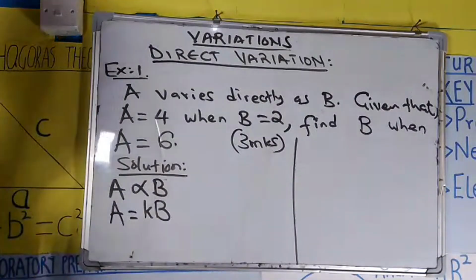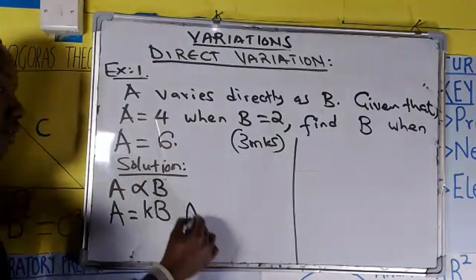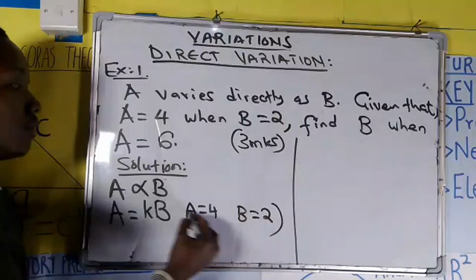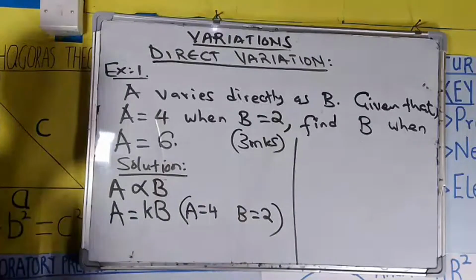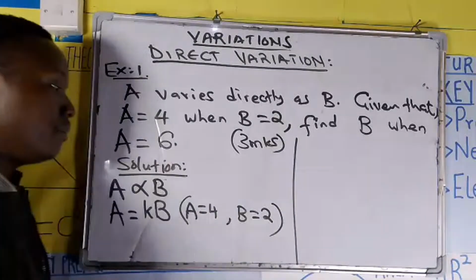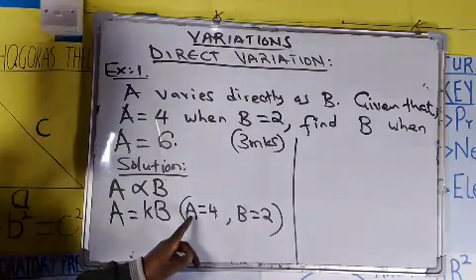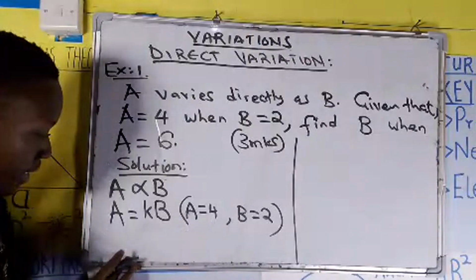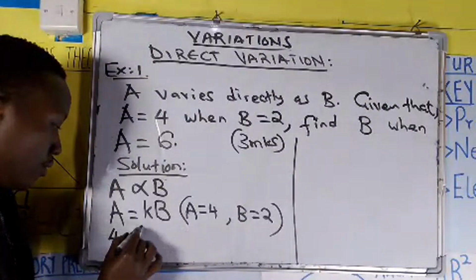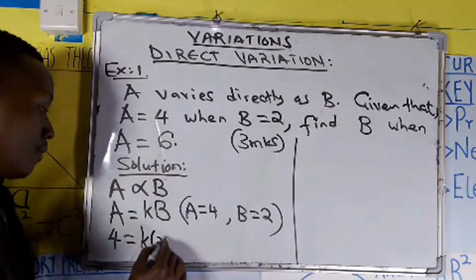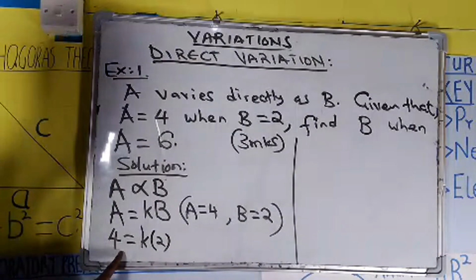Now we have been told that A is 4 and B is 2. These two will help us find K. So given that A is 4, we replace A with 4 is equal to K, we don't have K, but our B we have is 2. So can we find K?